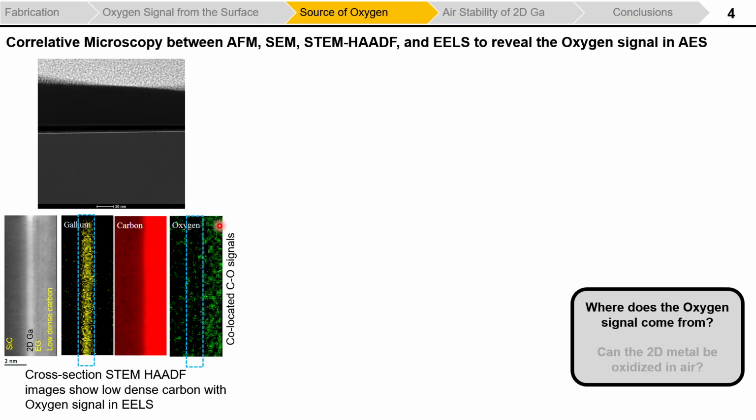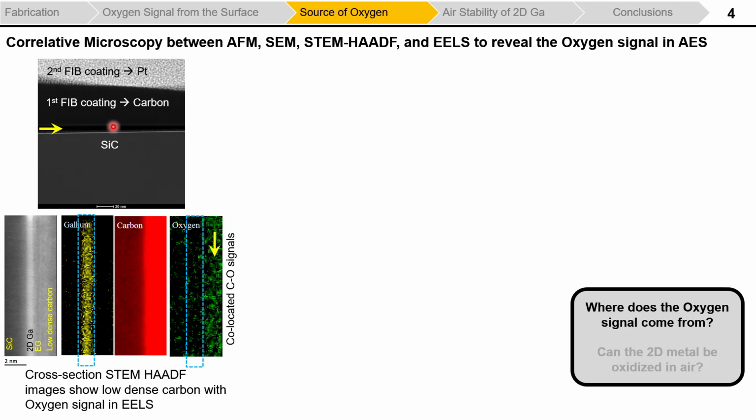But also we use carbon coating in our FIB preparation, and we doubt that this oxygen comes from our FIB. But interestingly, here we see in our HAADF images two types of carbon.